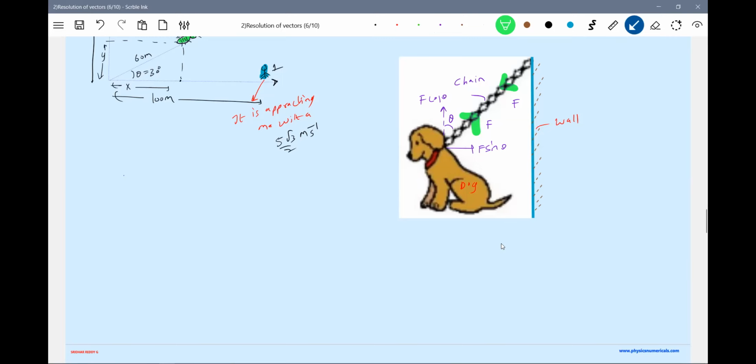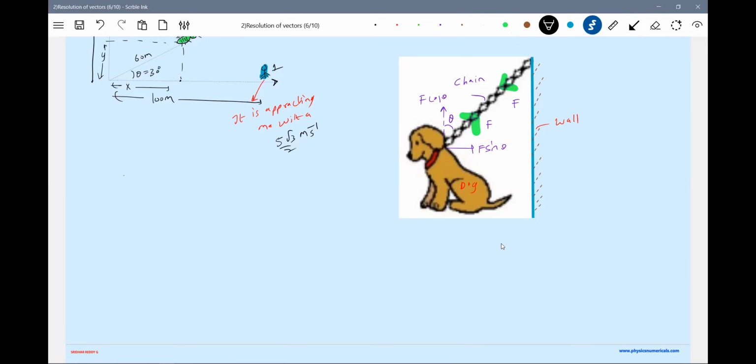Okay, this is the arrow, a vector. A component of force, F sin theta, will be on the dog acting horizontally. And again, I'll break up. F cos theta is the force exerted by the chain on the dog that will be acting vertically. This I'll split up. A part of the force will come here, a part of the force will come here.